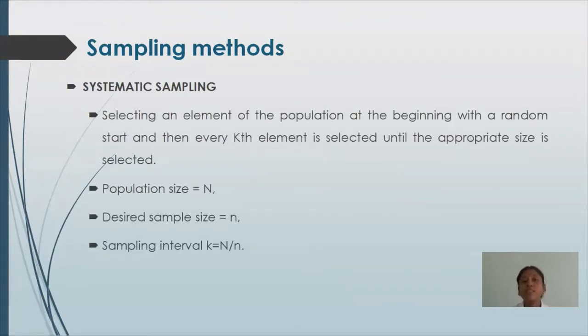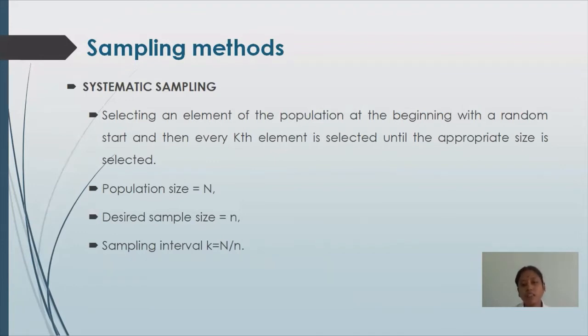The next type is systematic sampling. Systematic means we select a starting point at random and then every kth element is selected until the appropriate size is achieved. For example, we select a particular roll number, say 5, and then we keep the same interval between the other samples. If every 10th person should be selected, then our first number is 5.